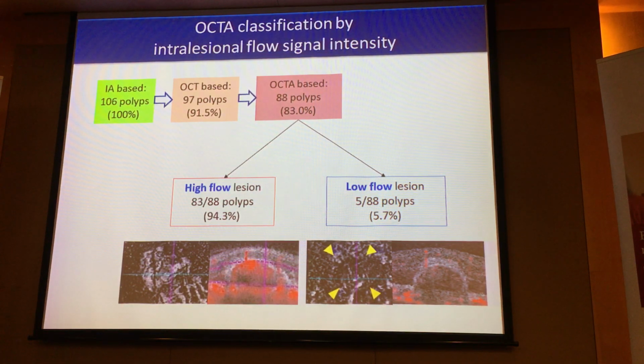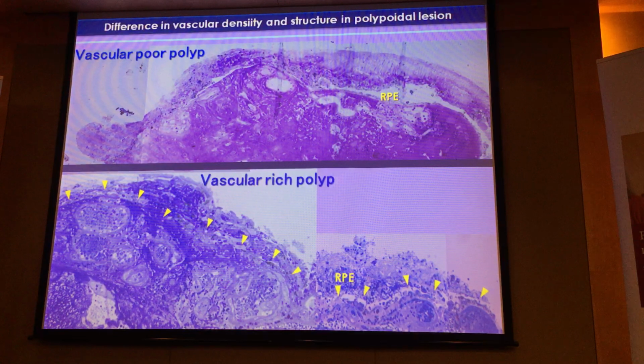And many polyps show a high flow region like this. You can see many blood vessels in the polypoidal region. What is the difference between these two regions?